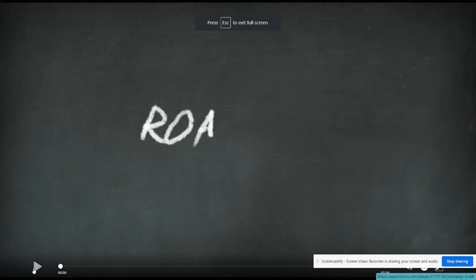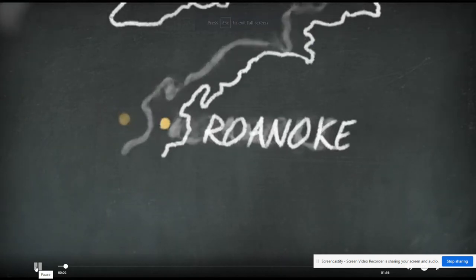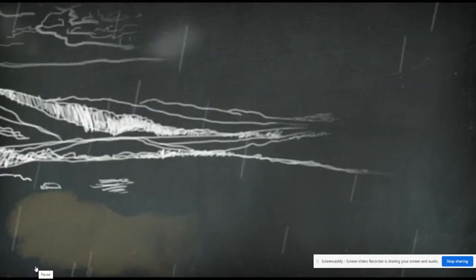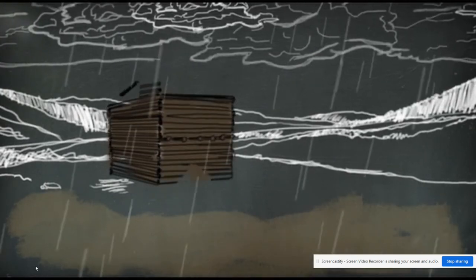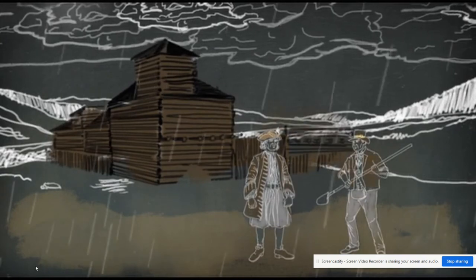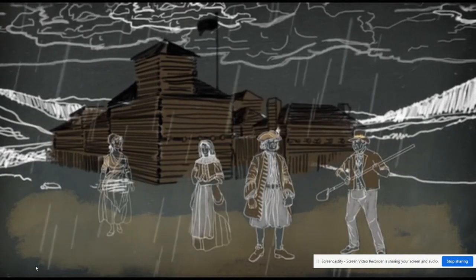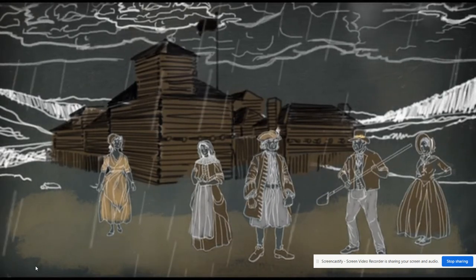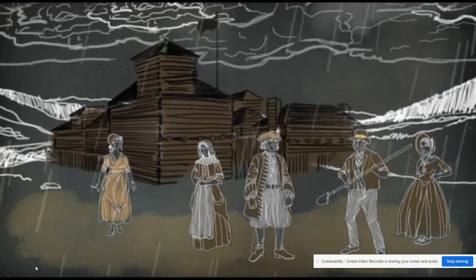There we go. The story of Roanoke is really one of the first great mysteries in American history. This was England's first attempt to establish a permanent settlement in the New World. So a motivated group sets out in 1587 and establishes this permanent village on the island of Roanoke, just off the coast of Virginia.